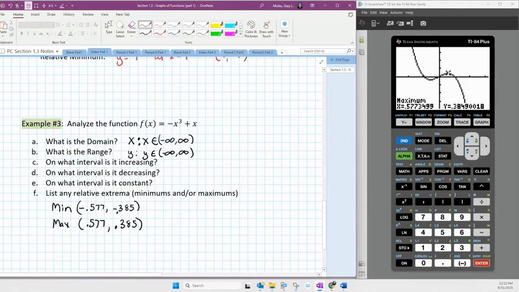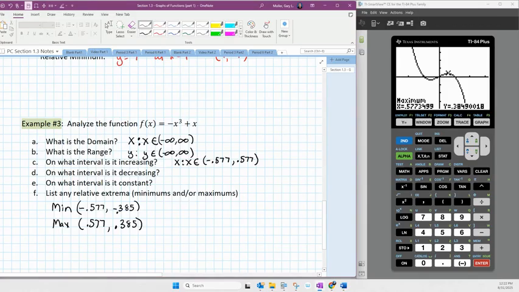All right. So now let's look at this. When is it increasing? It is only increasing on one interval, from the x that's the minimum to the x that's the maximum. So it's increasing on all the x's in the group -0.577 to positive 0.577.